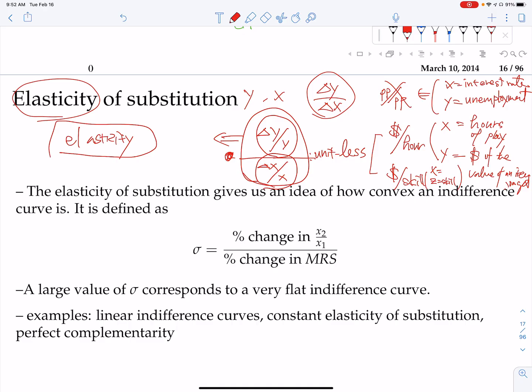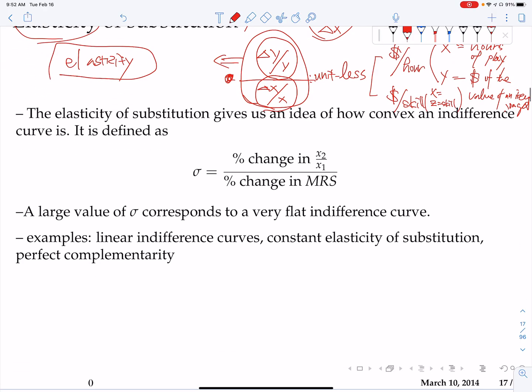So this elasticity gives us an idea of how convex an indifference curve is. For example, if the indifference curve looks like this, as you see here, the percent change from good x to the percent change of good y changes a lot.